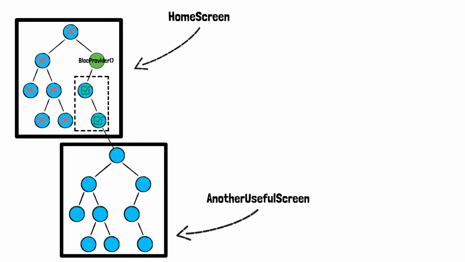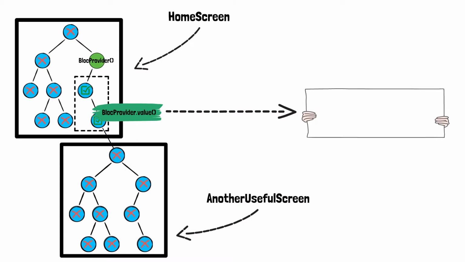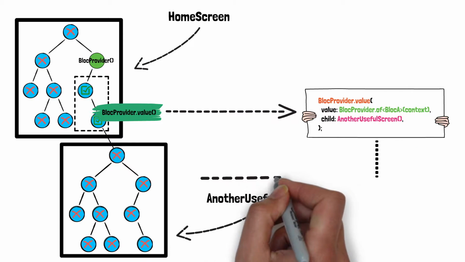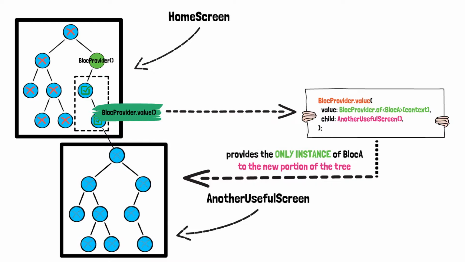The answer is no, and that's because there is another context created on the new route, a context which the BlocProvider doesn't know yet. So in order to pass the only instance of the bloc to the new route, we will use BlocProvider.value, in which we'll pass the BlocA to the value parameter, thus making the instance of it propagate through the next widgets.